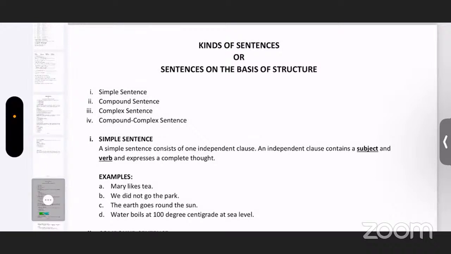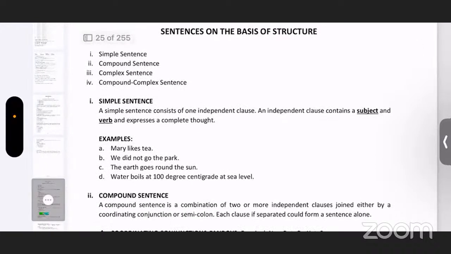The simple sentence will carry the subject and the predicate. Then we'll have the compound sentence, which will have a subject and predicate attached to another subject and predicate, but there would be a conjunction in between. That would be a coordinating conjunction, which attaches the two kinds of subject and predicate to another subject and predicate.